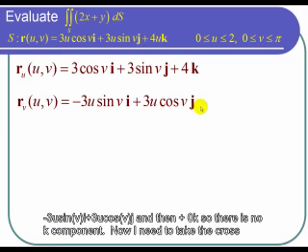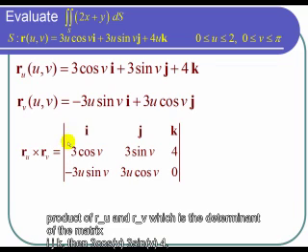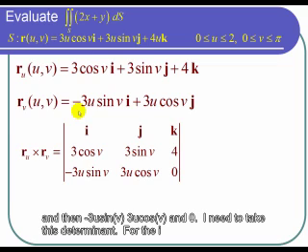So now I need to take the cross product of r_u and r_v, which is the determinant of the matrix i, j, k, and then 3 cosine v, 3 sine v, 4, and then negative 3u sine v, 3u cosine v, and 0.